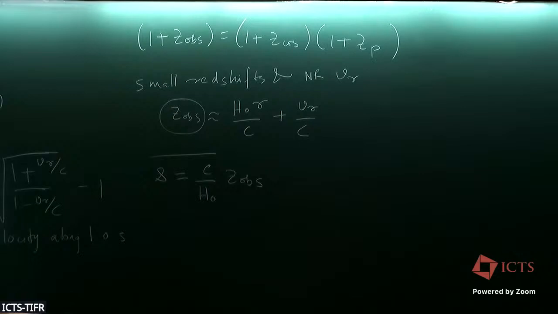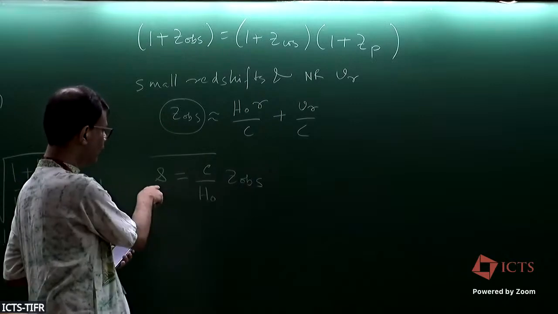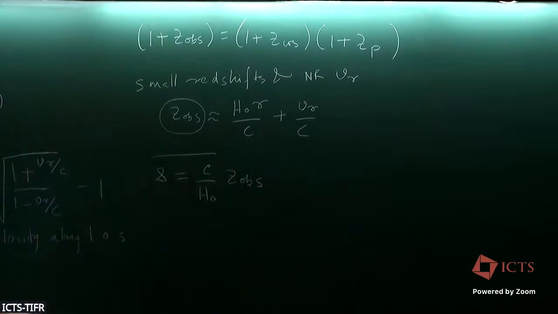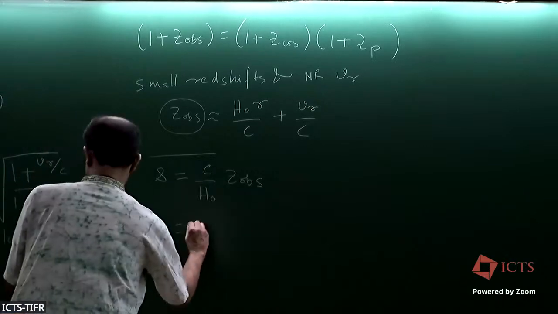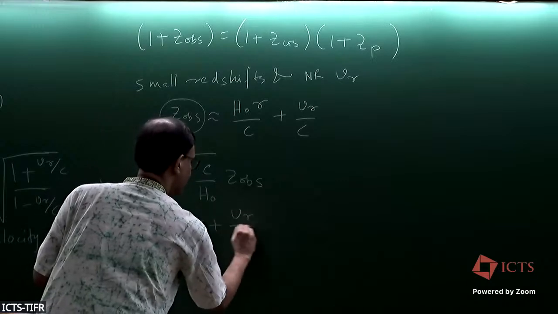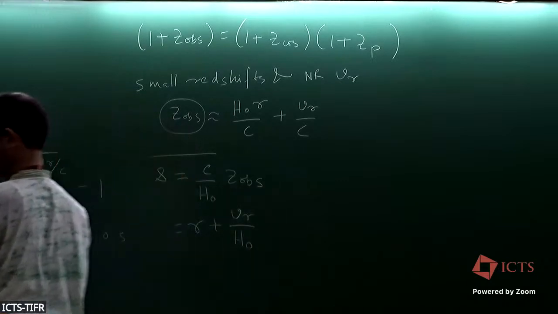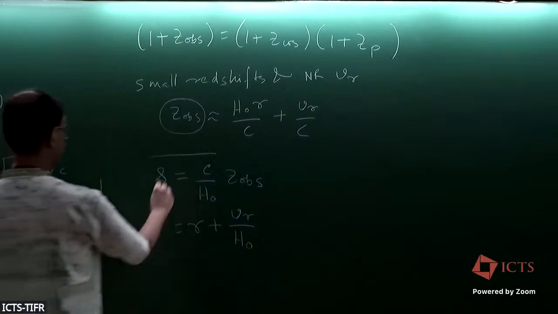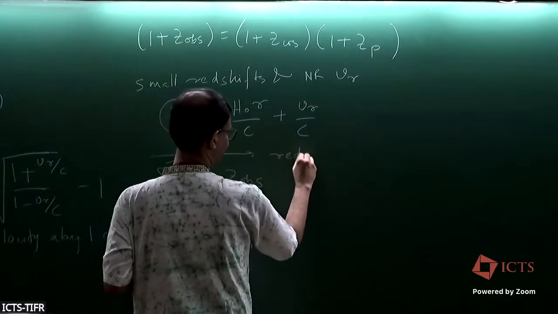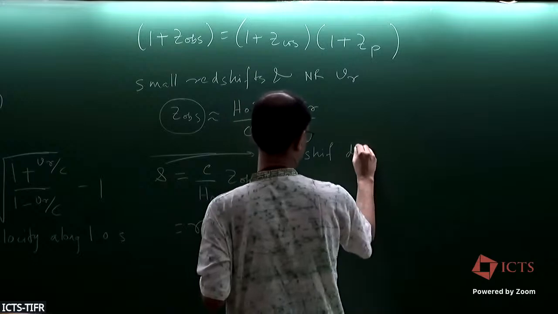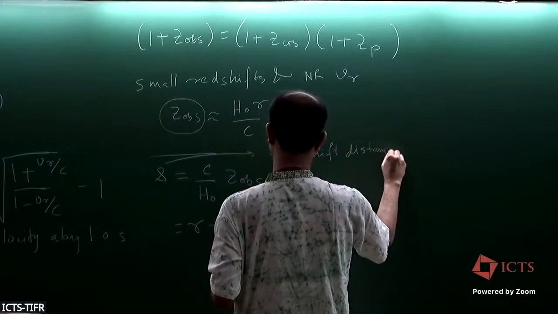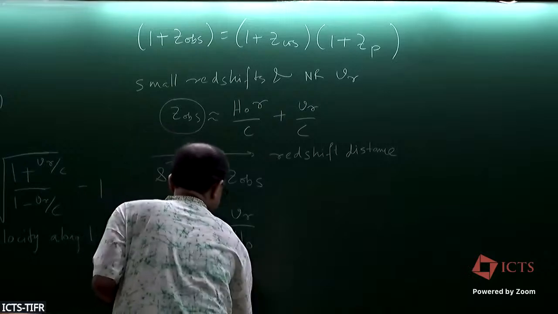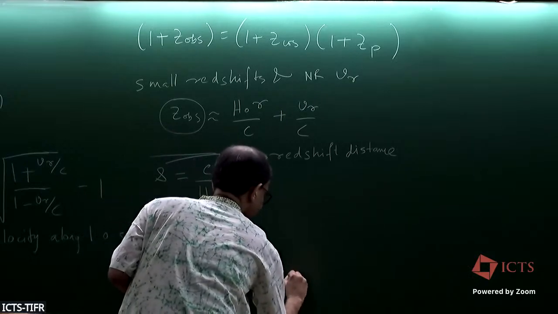Let us say I just use the same relation for the observed redshift. So clearly s is not the true distance anymore. It's the true distance plus the effect of peculiar velocity. In fact, we can write it: this will become r plus v_r by H naught. So this quantity is called redshift distance. And this is true distance, real distance, whatever.